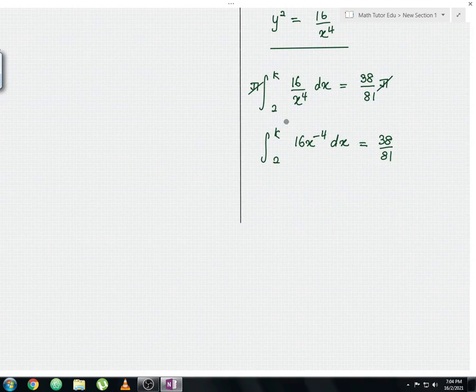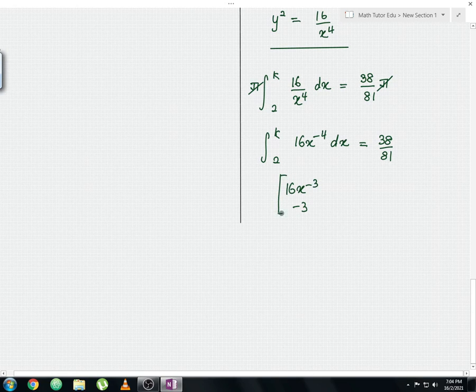We're going to perform the integration for the left-hand side. When you integrate this, you should get 16 x to the power of negative 3, divided by negative 3, with the limit of k and 2, is equal to 38 over 81.